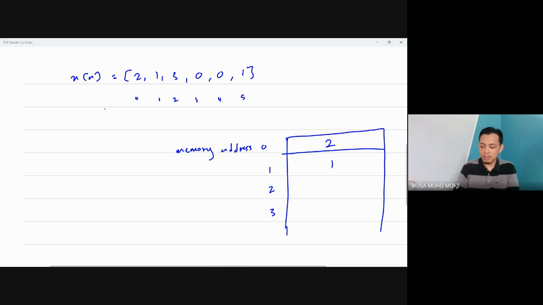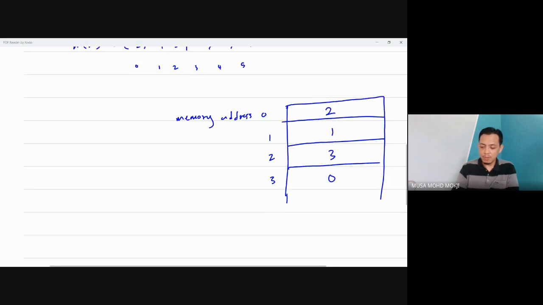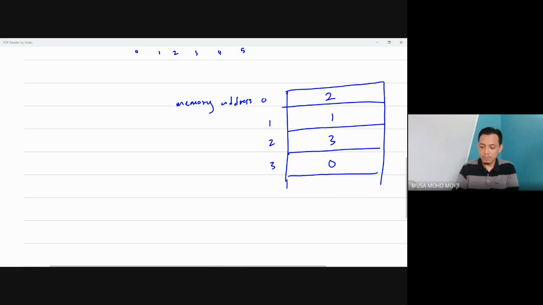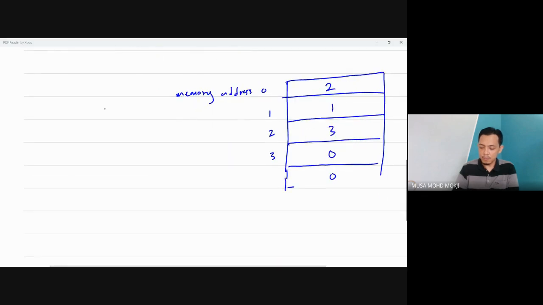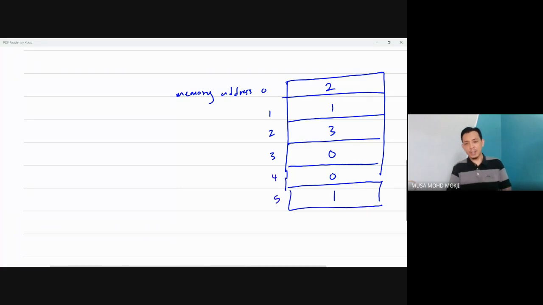You put your values here: 3, then 0, another 0, and then 1. Hopefully you can recall this. We have an address.